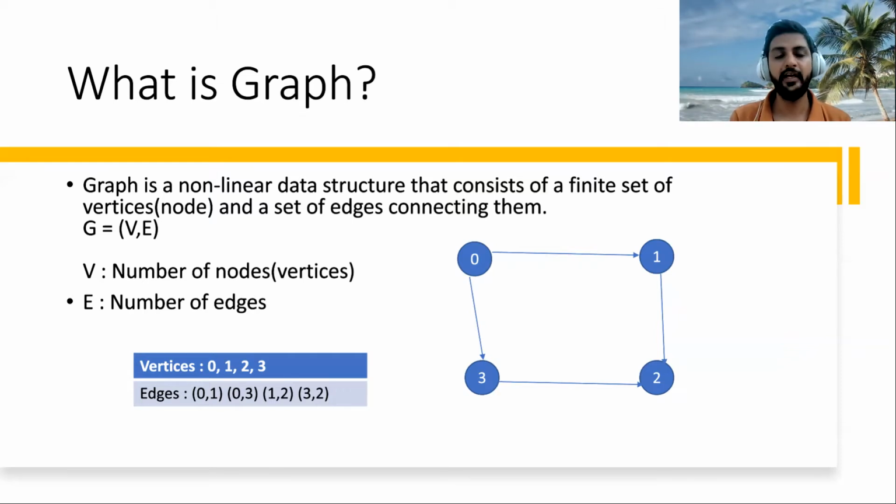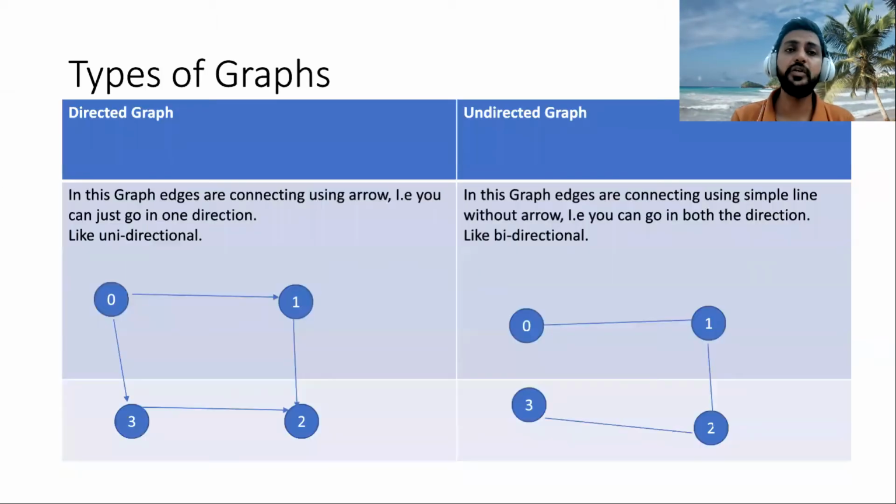So next, what are the types of graph? There are two types of graph: the directed graph and the undirected graph. What is the meaning of a directed graph? In this graph, edges are connecting using arrows, so you can just go in one direction; in simple terms, these are unidirectional.